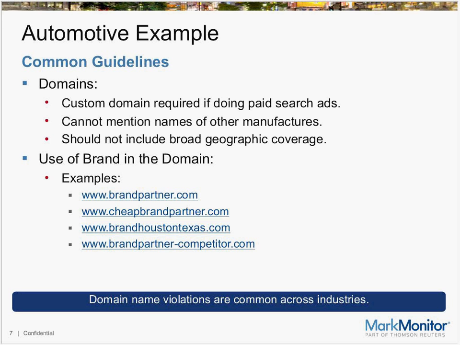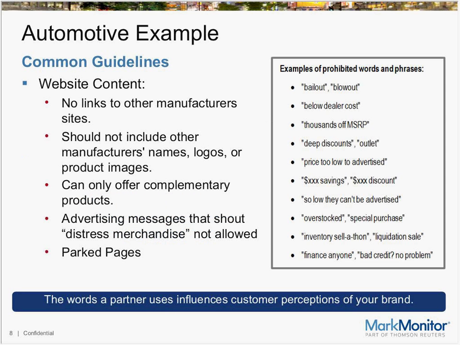So if we look at the next slide, we've got some website content guidelines. Like I mentioned, no links to other manufacturer sites. This is a given. Also, in order to prevent the erosion of a brand, you want to keep one page dedicated to that brand.